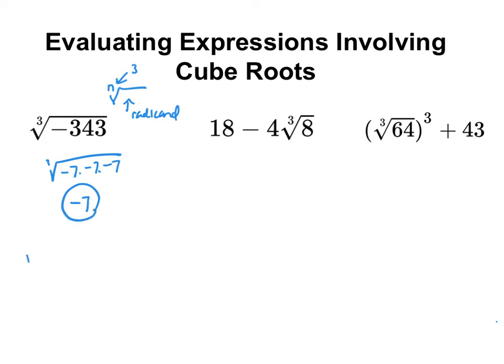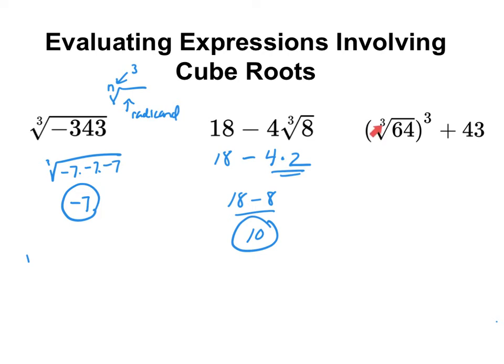Now when we're doing an expression, we're going to follow order of operations, and we're going to treat the radicand first, like parentheses. So I'm going to keep 18 minus 4, and I'm going to do the third root of 8, which I know is a 2. Then I'm going to multiply, because that's the next step we do in order of operations, and then subtract at the end, and we get 10.